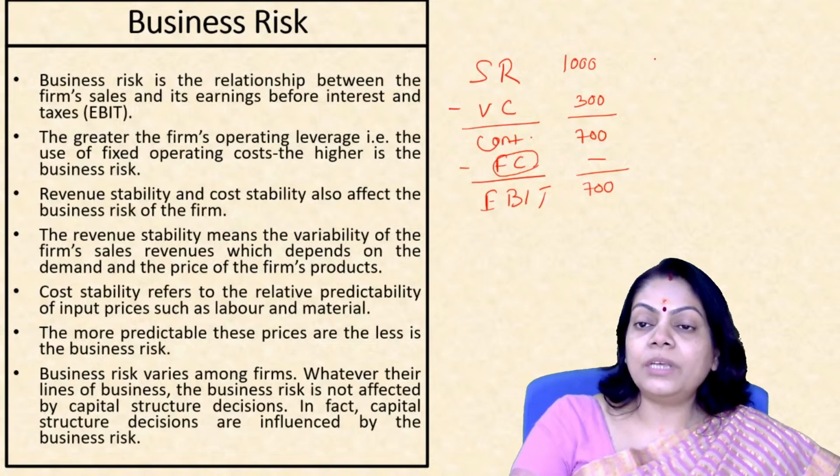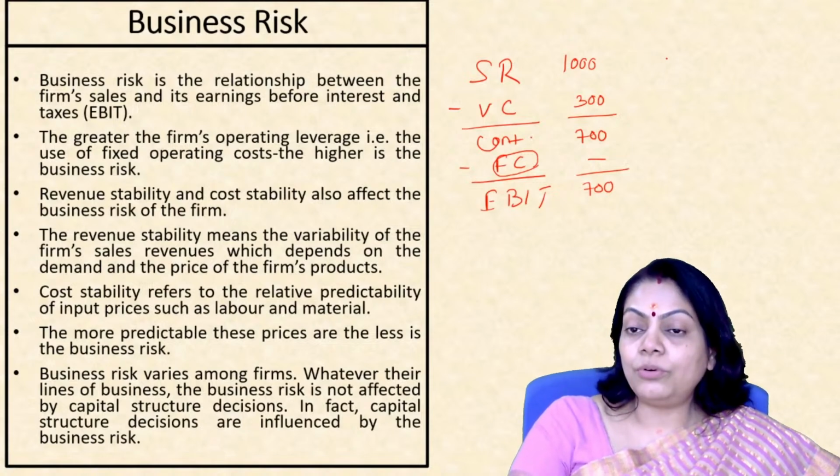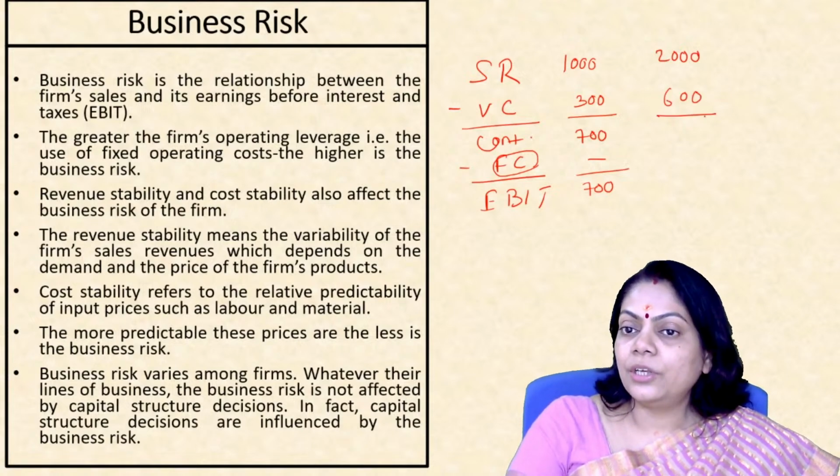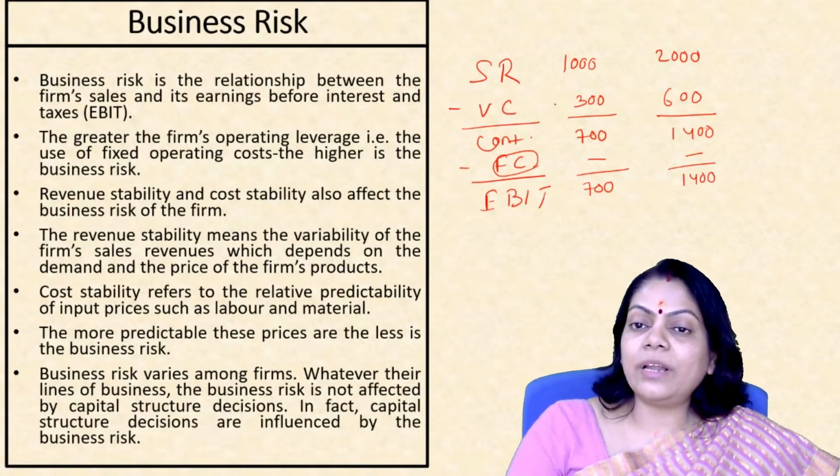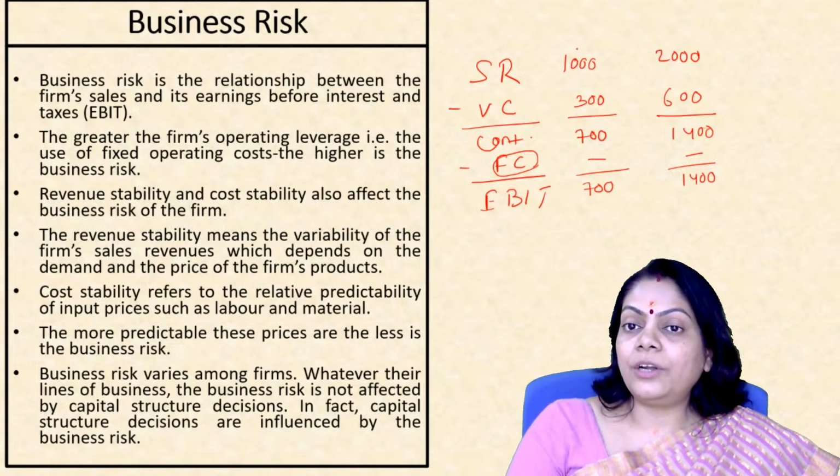Now, suppose my sales revenue now increases to 2,000. So my variable cost will go up to 600. So my contribution will be 1,400, and there will be no fixed cost. So my EBIT will be 1,400. Now see what happens.